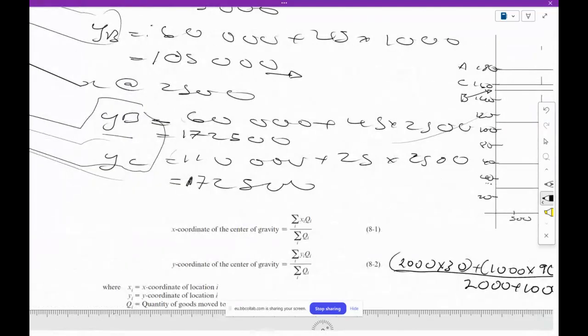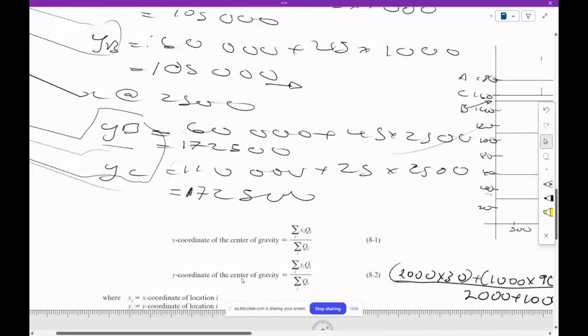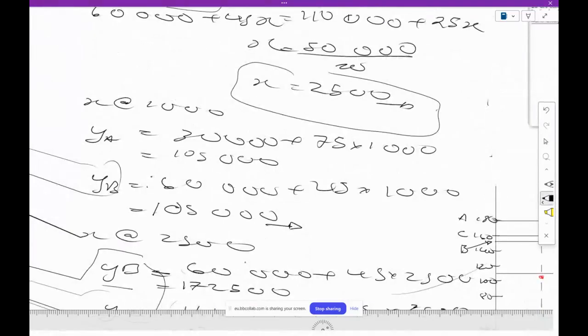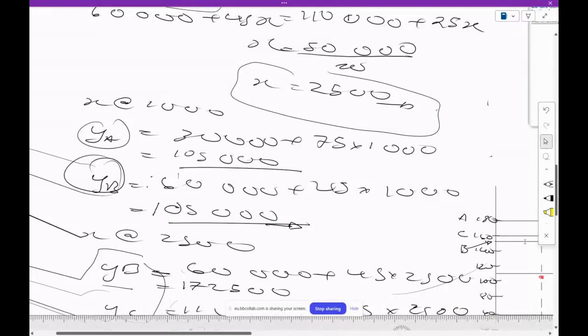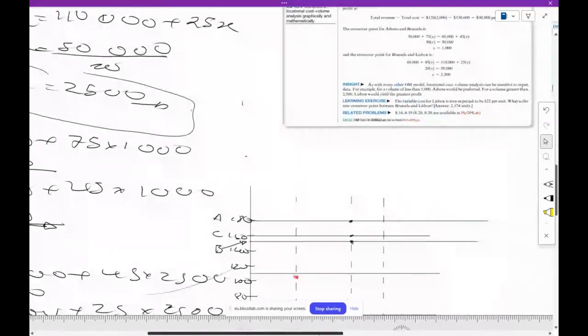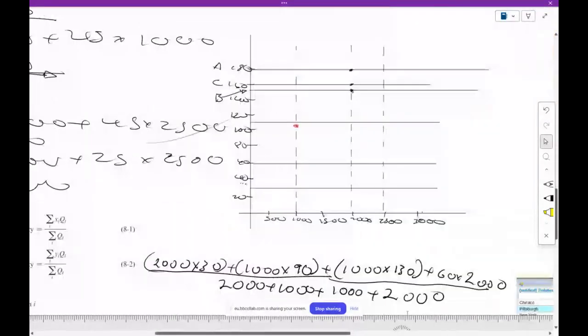You see here, A and B must pass 105. So it's for both of them, right? So now we do this.